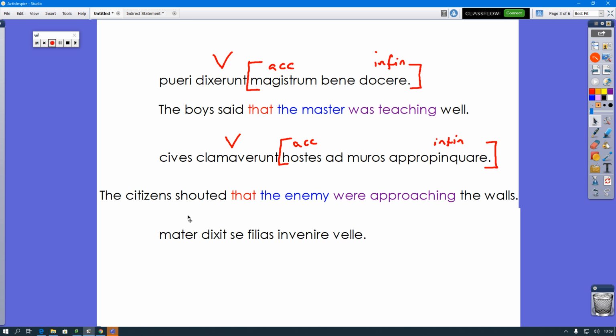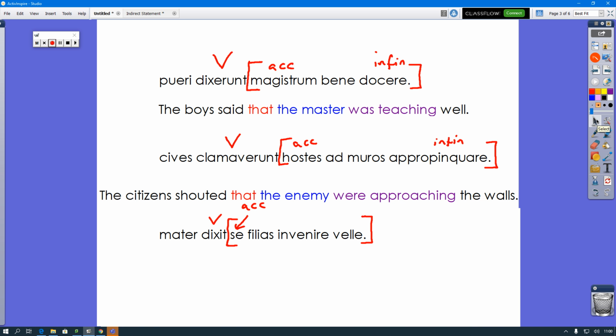And my last sentence, I can do exactly the same thing. I have Dixit, so I'm going to put a bracket in immediately after the saying word, up to the infinitive at the end. Now the first accusative here is actually se. So we need to watch se. It's a very important word with indirect statement. It refers back to the subject of the sentence. So in this sentence, because mater is feminine, the mother said that, se, she.